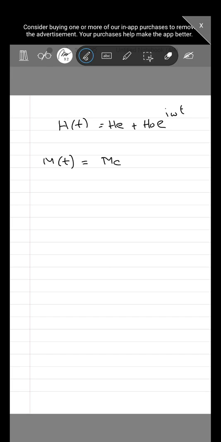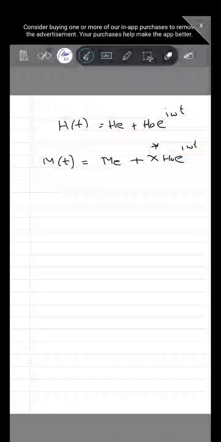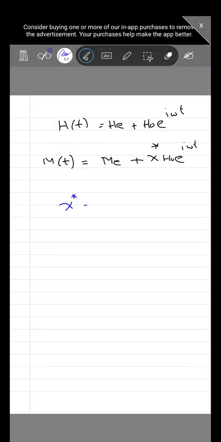It will be Me plus another term, the complex form of the susceptibility, times H0 e to the power i omega t, where this complex susceptibility psi star is equal to psi dash minus i psi double dash. So this is the high frequency susceptibility, this is the low frequency susceptibility, and this is the complex susceptibility.